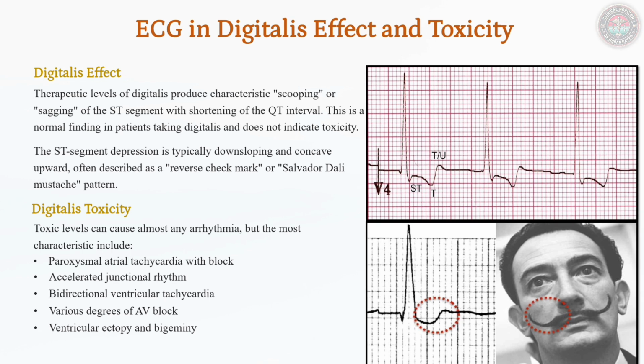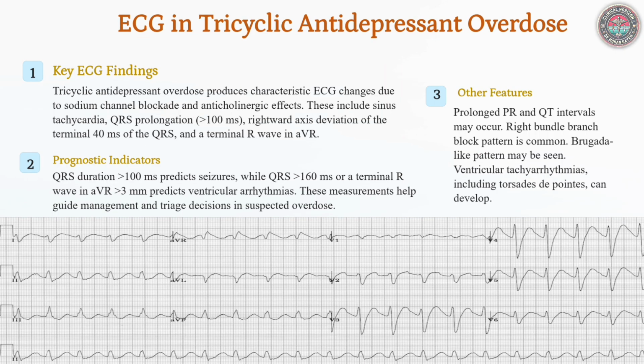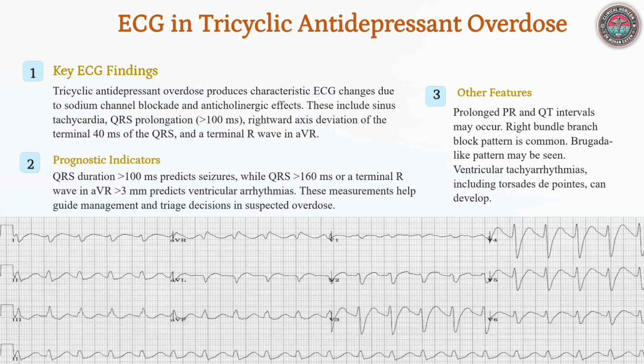ECG in tricyclic antidepressant or TCA overdose. TCA toxicity causes QRS widening, rightward axis deviation, and terminal R wave in aVR, reflecting sodium channel blockade. The severity of QRS prolongation correlates with the risk of ventricular arrhythmias and seizures, requiring sodium bicarbonate therapy as the mainstay of treatment.